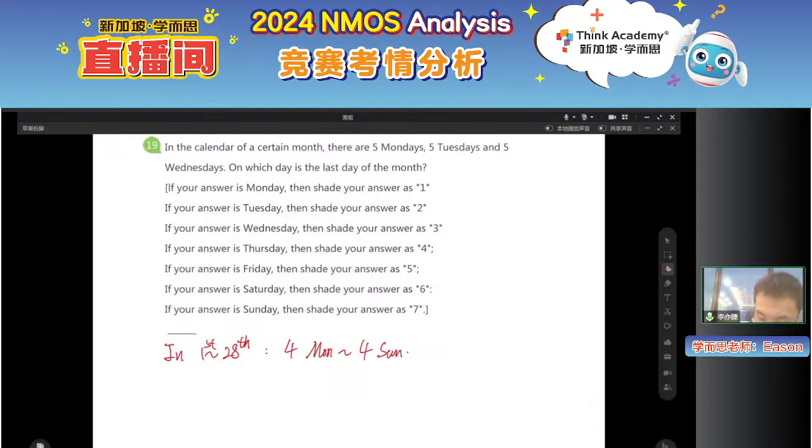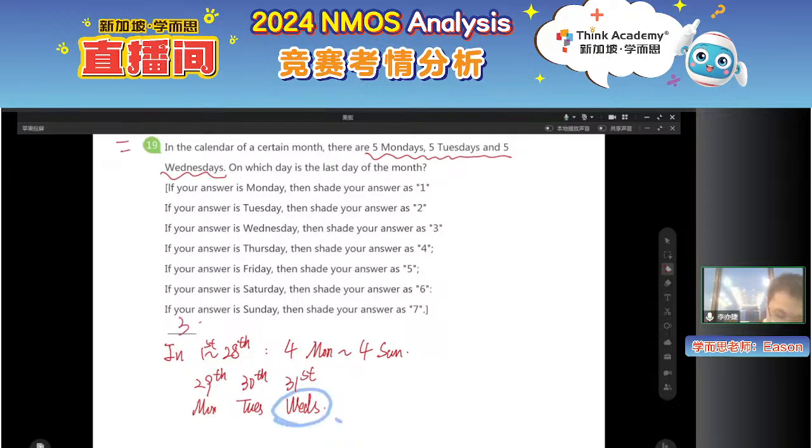So where do the extra 5th Monday, Tuesday, and Wednesday lie? They must be the 29th, 30th, and 31st, which are Monday, Tuesday, and Wednesday. The question asks what day is the last day of the month. The last day is Wednesday. Easy question, skip it.